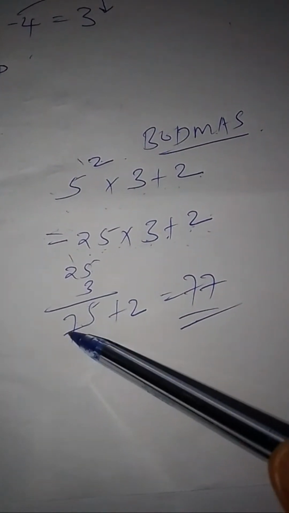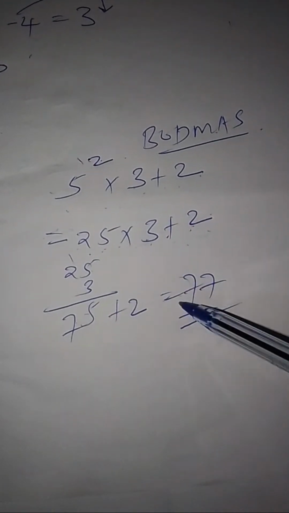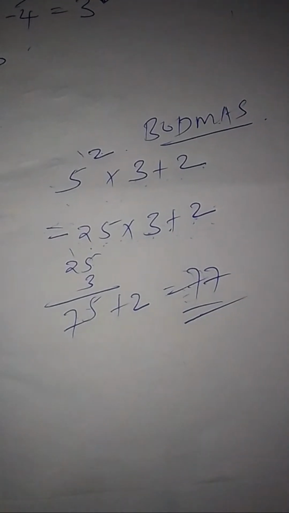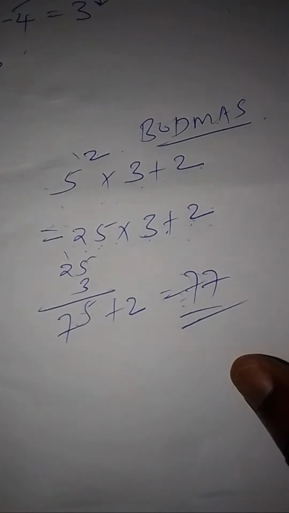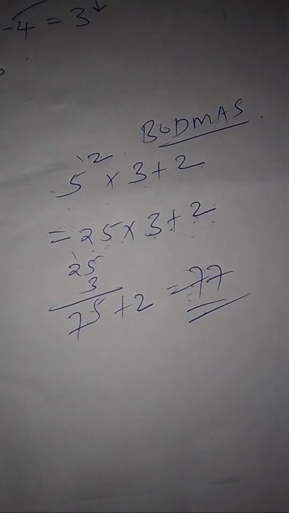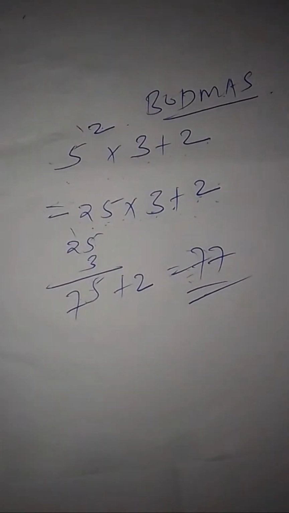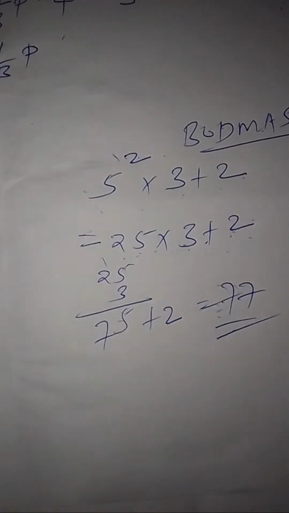So the answer now becomes 77. So that is how it is worked out in the correct way. That is how we work out that math problem in the correct way possible.